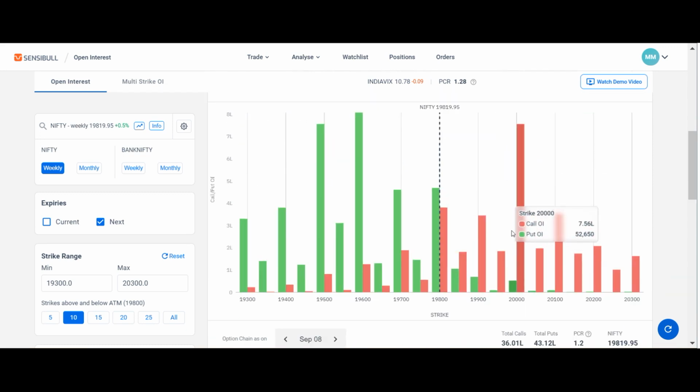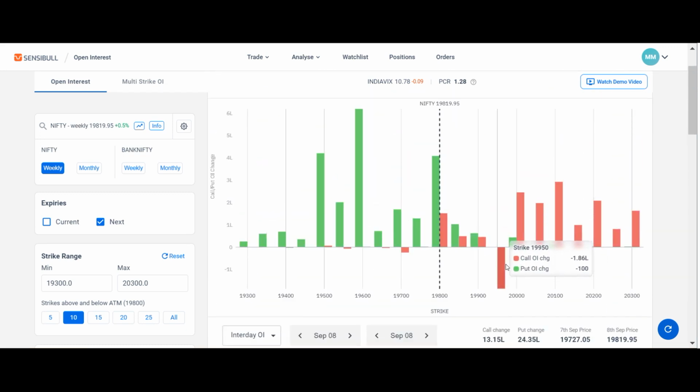Now one observation here, right: there is a strike of 19,950 where the call OI has changed to 1.86 lakhs. Now why? Whoever has done this, these people think that the market is going to go above this particular level.